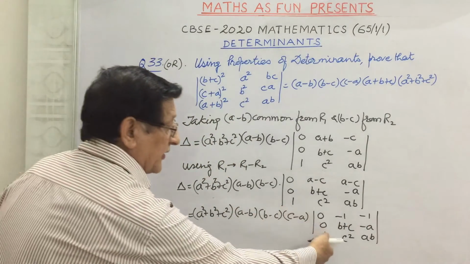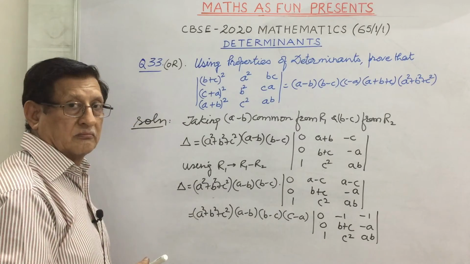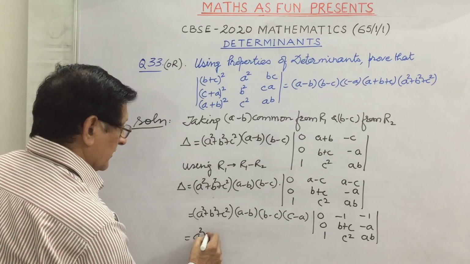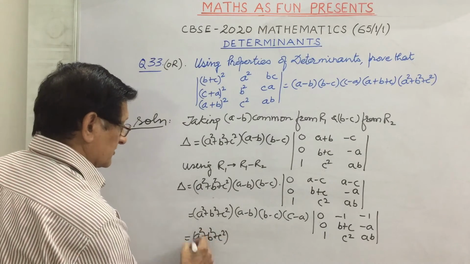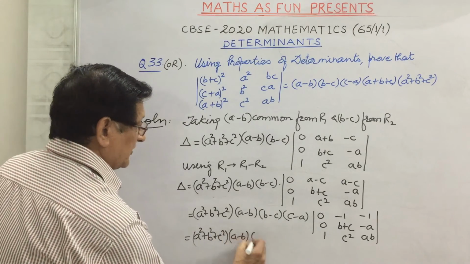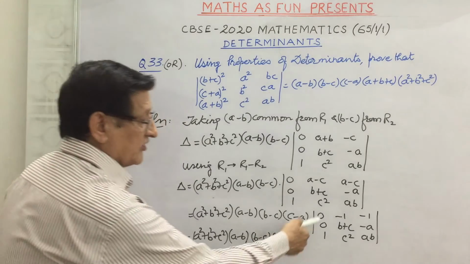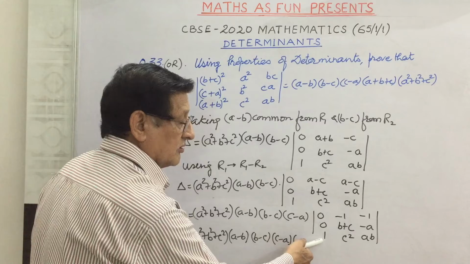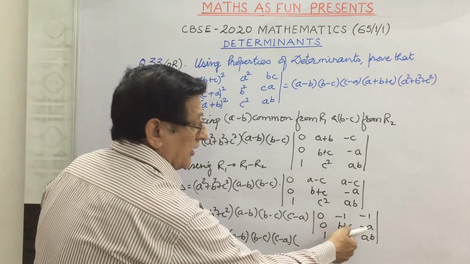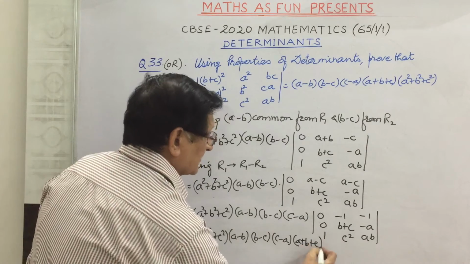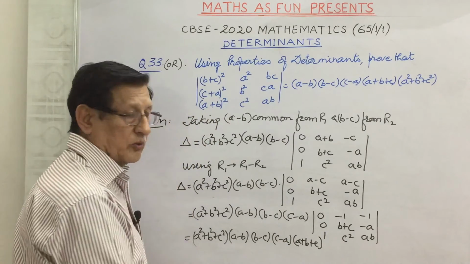And now if we expand it about column 1, we are getting A square plus B square plus C square, A minus B, B minus C, C minus A, and see when we expand it about this, we are getting here A plus B plus C, A plus B plus C, and that was the required answer.